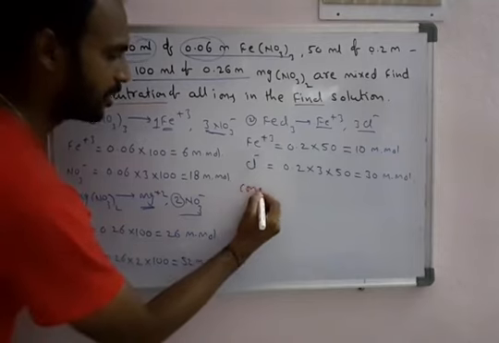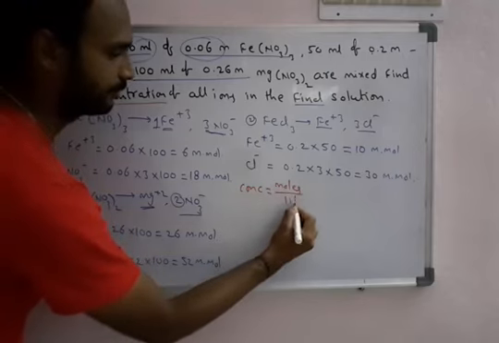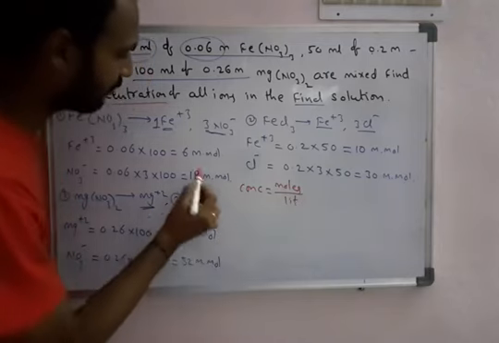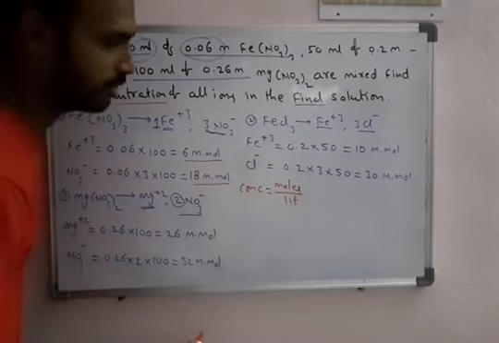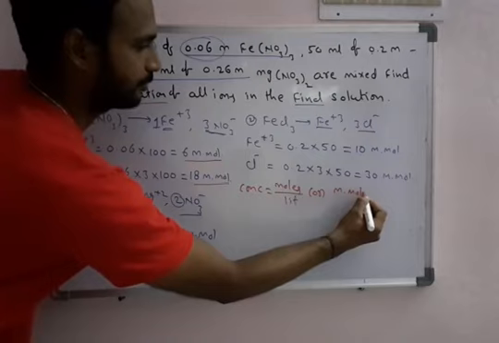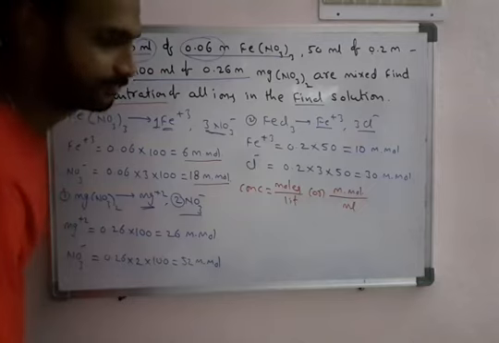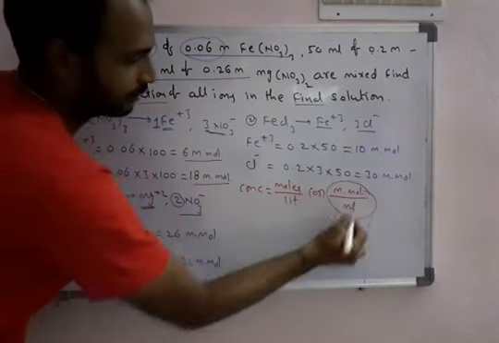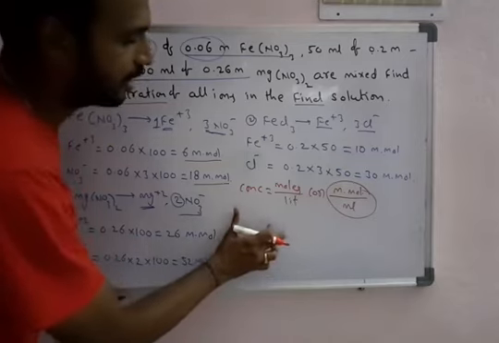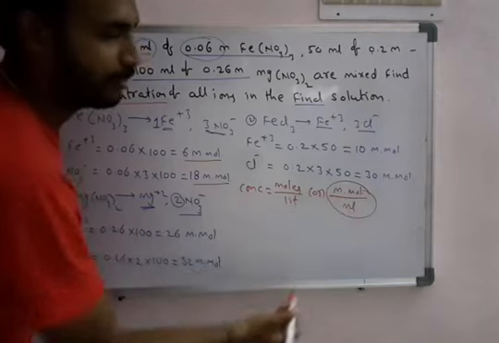For concentration there are 2 possibilities. We can calculate the number of moles per liter if it is given in number of moles. But here we got everything in terms of millimoles, so the concentration we can write as millimoles by volume in milliliter. For the concentration of each ion we will use this formula, millimoles by volume in milliliter.